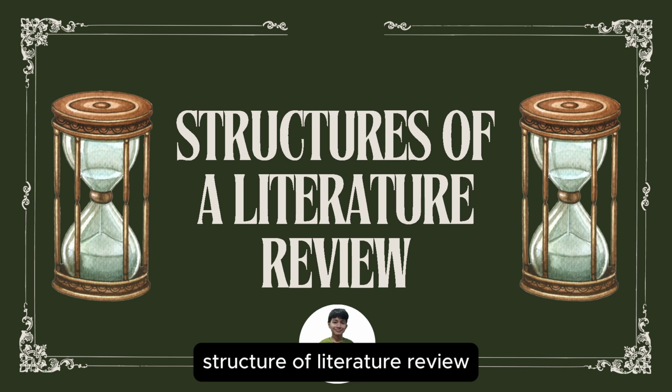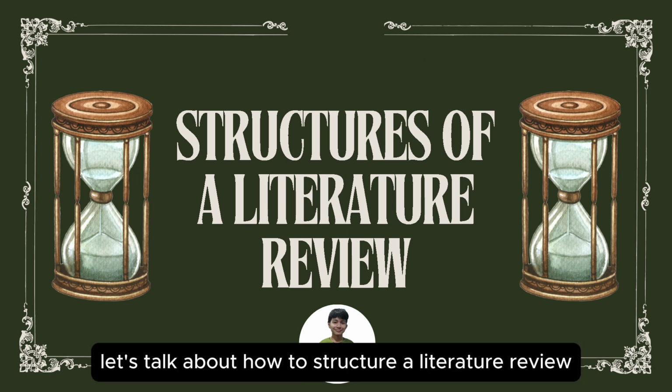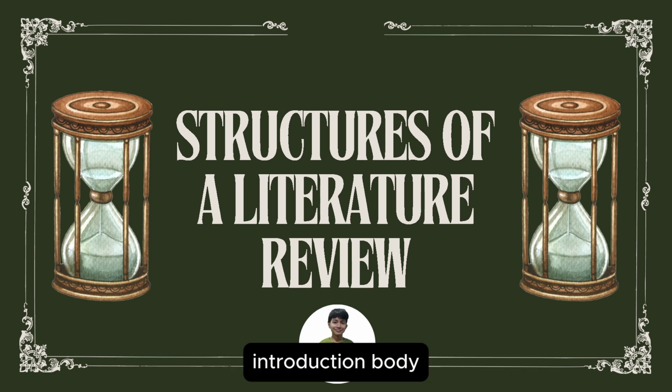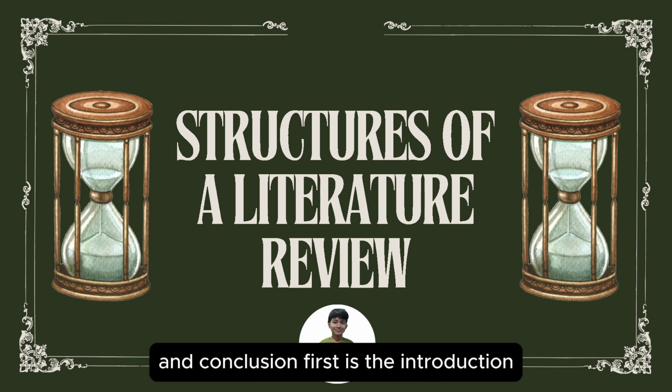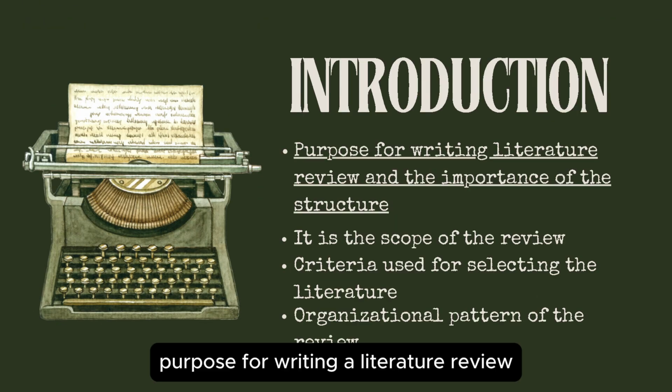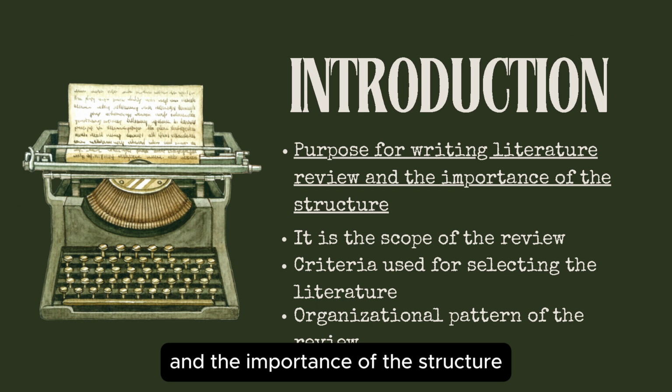Structure of literature review. Now, let's talk about how to structure a literature review. It follows a clear format with three main parts: introduction, body, and conclusion. First is the introduction. Purpose for writing a literature review and the importance of the structure.